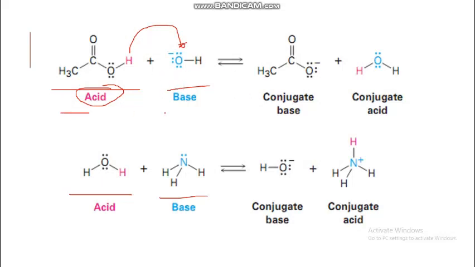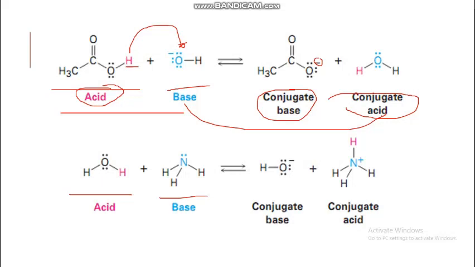So this reaction would yield the conjugate base na acetate ion gaining negative charge since nawala yung kanyang hydrogen. Now, and a conjugate acid, a product of the base. So, ang conjugate acid natin is water.